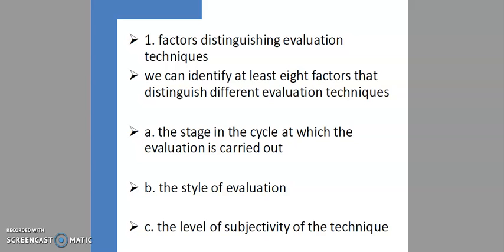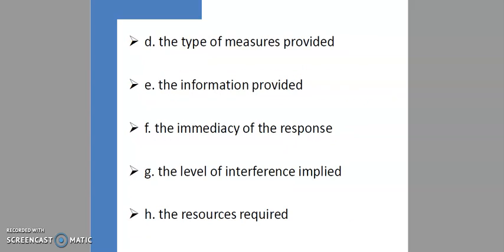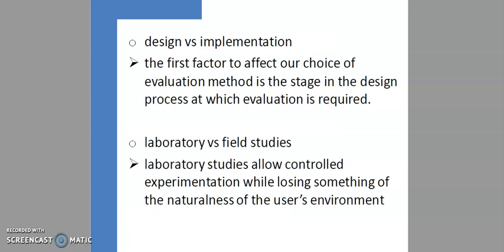First factor is the stage in the cycle at which the evaluation is carried out. Second is the style of evaluation. Third is the level of subjectivity of the technique. Next is the type of measures provided, the information provided, and next, the immediacy of response, the level of interference implied, the resources required.